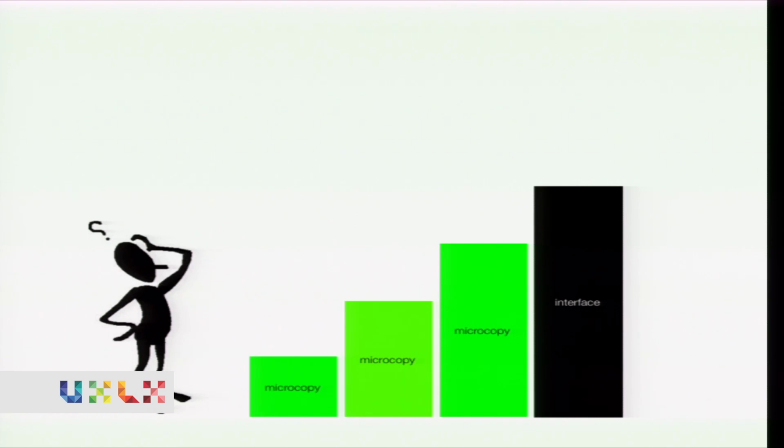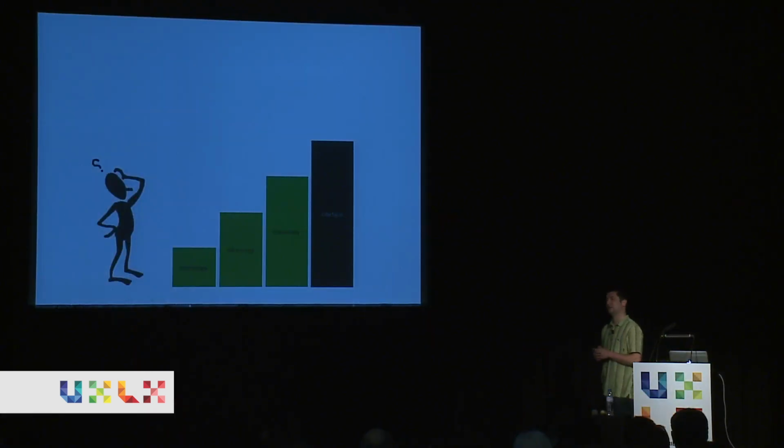A bunch of different microcopy changes can make an unusable interface into a usable one, or like my opening example, can take a billing system with a 20 to 30% error rate and bring it down to under 5% total by just making those small copy changes.